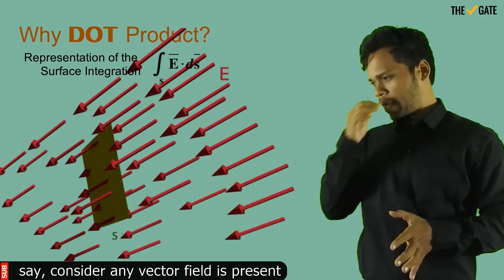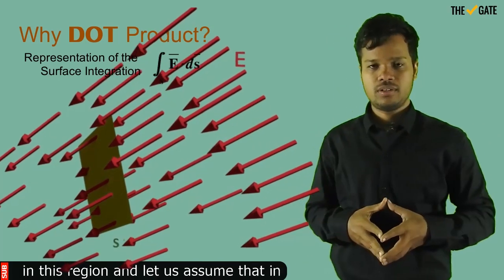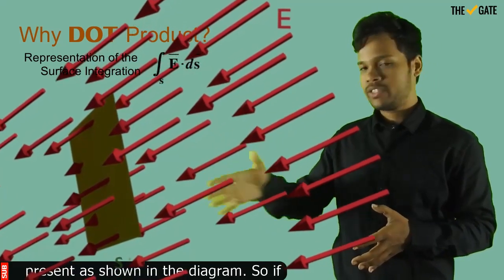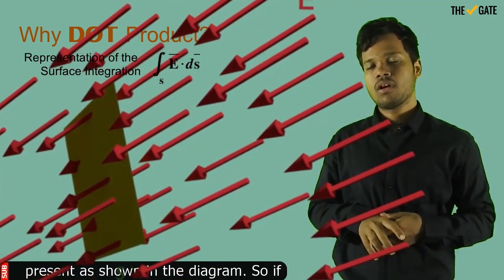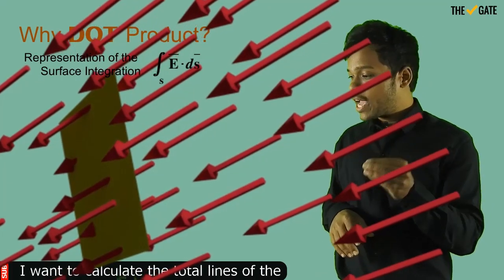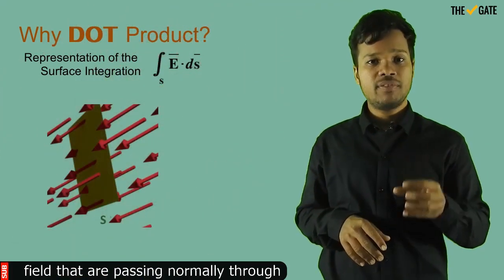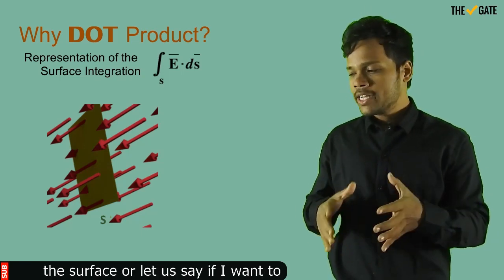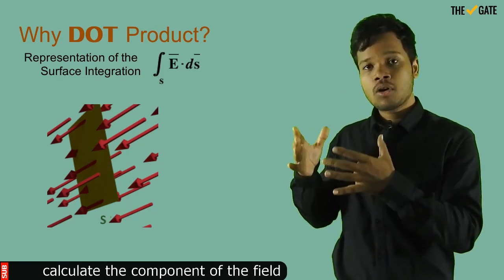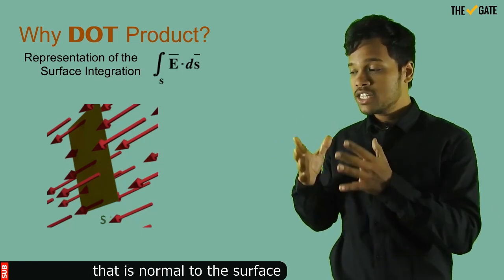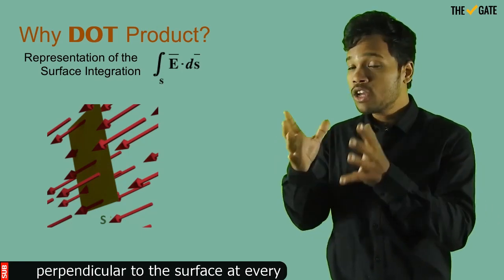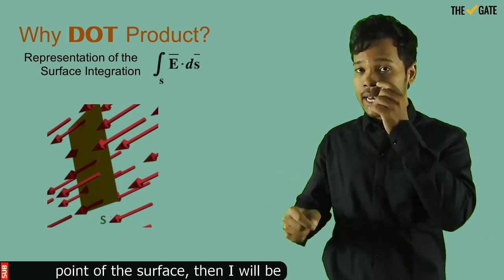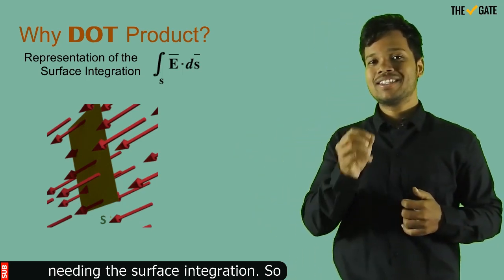So let us consider any vector field is present in this region, and let us assume that in this vector field a surface of area S is present as shown in the diagram. So if I want to calculate the total lines of the field that are passing normally through the surface, or let us say if I want to calculate the component of the field that is normal to the surface, perpendicular to the surface at every point of the surface, then I will be needing the surface integration.